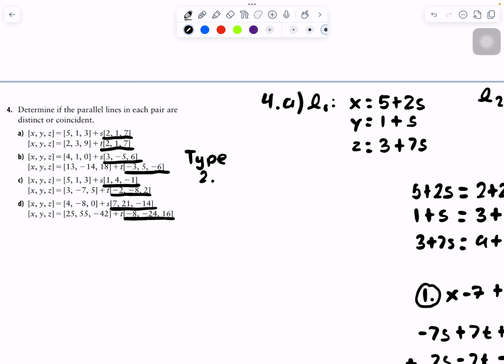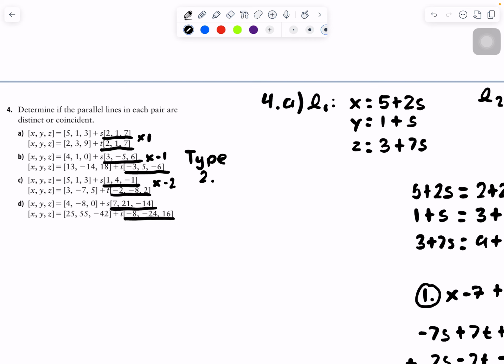In this case, times 1, the first direction vector gets the other one. And for this case, if you times by -1, you get the other direction vector for line 2. If you times here by -2, you get the second direction vector. And I don't exactly know what scalar multiple it would be in D, but I can assure you that there is one.